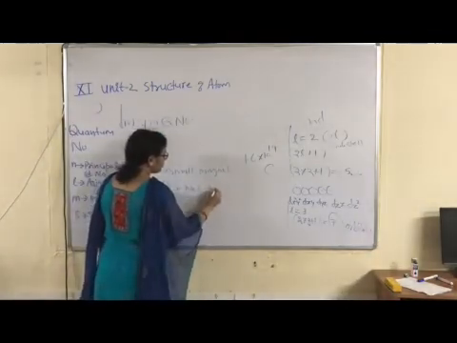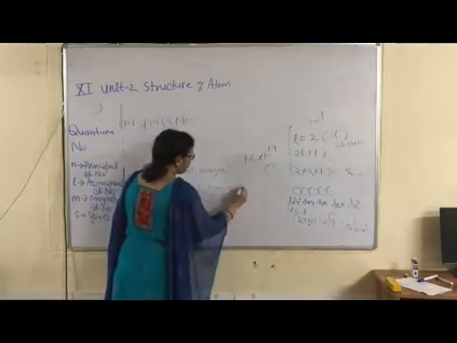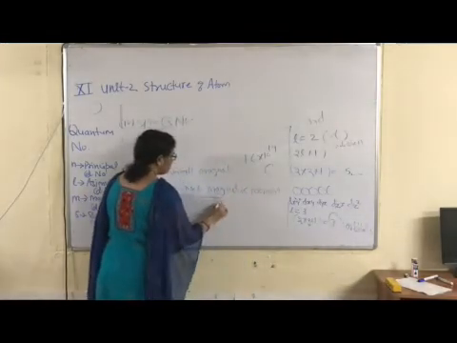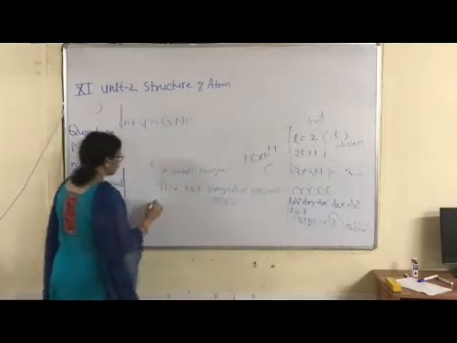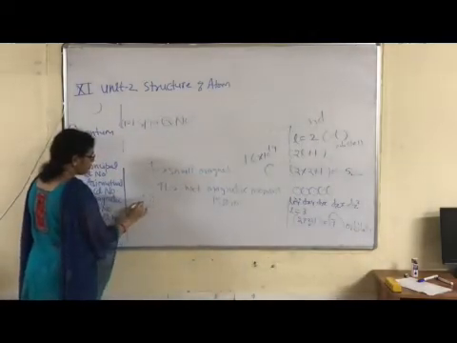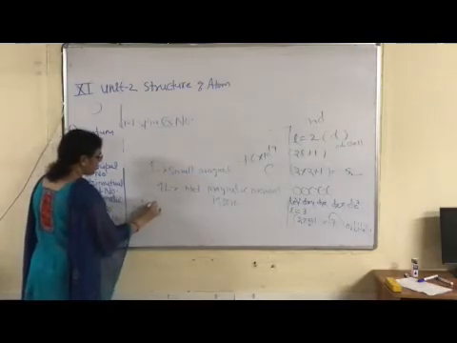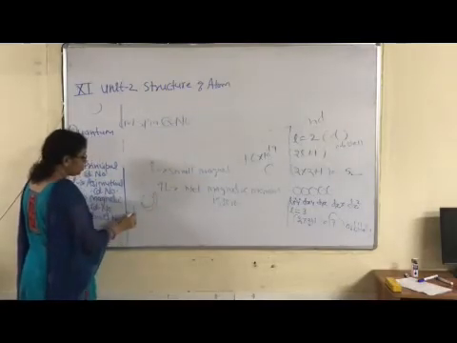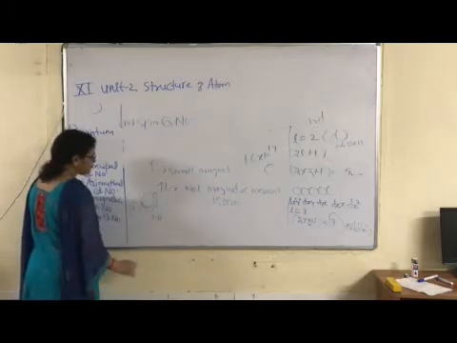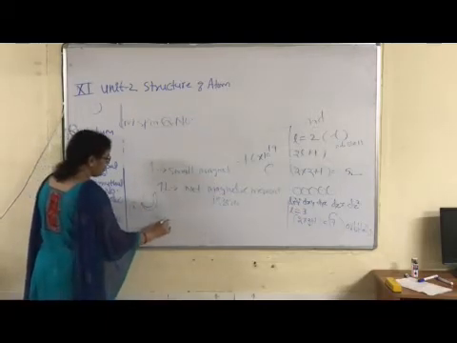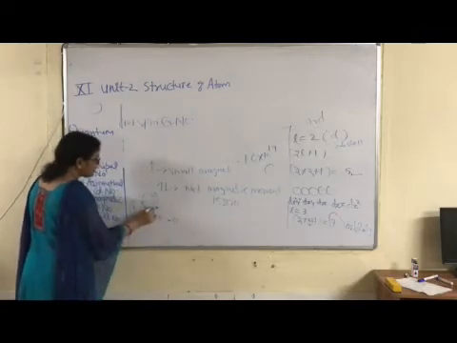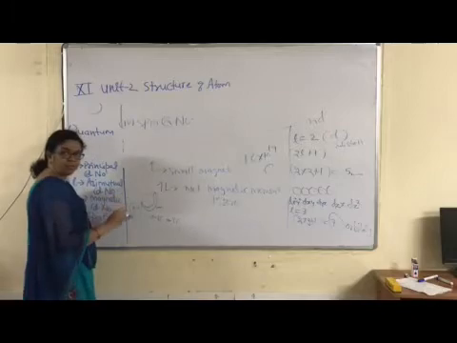Total magnetic moment is 0. Why? Because one electron spins in a clockwise direction and the second electron in an anti-clockwise direction. So the magnetic moment due to the first electron, which is given as plus m, is cancelled by the magnetic moment of the second electron, because its direction of spinning is just opposite.